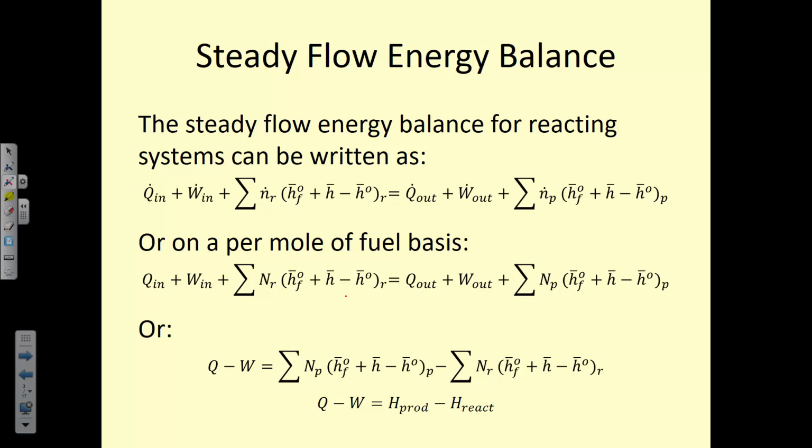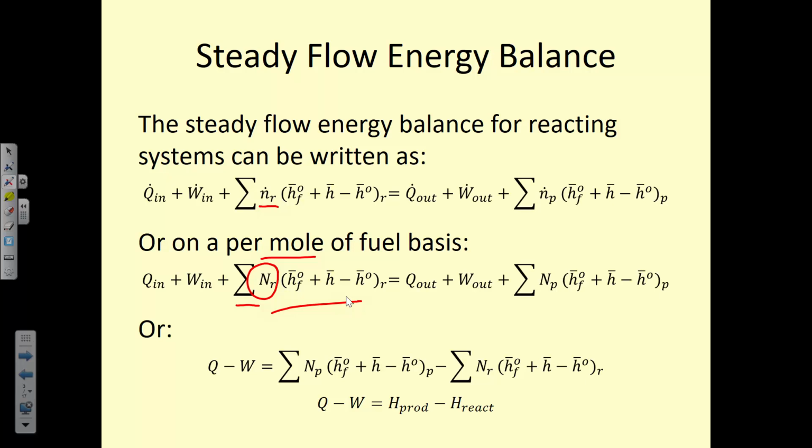We can also look at this on a per mole of fuel basis. Instead of knowing the molar flow rate, we simply need to know the number of moles of each of the reactant components. Where we have this summation term, it means that if we have multiple reactants coming into our system, let's say some kind of a fuel plus air plus oxygen plus whatever it is, we have to sum them all up and look at the enthalpies of the individual components.